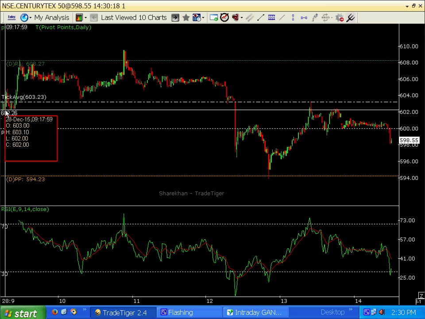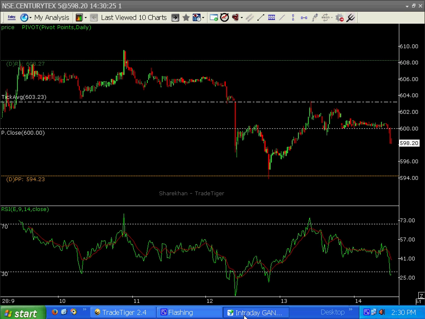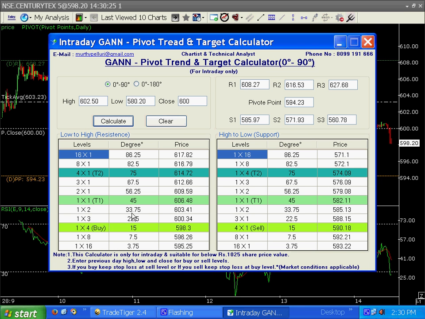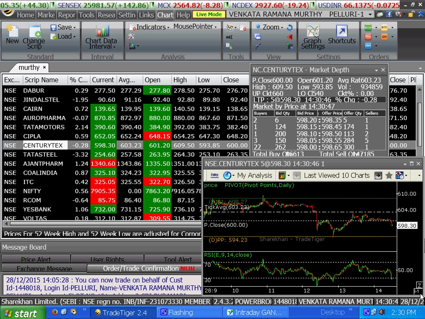We could get this 603, which means it has already reached 33.75 degrees, and then we should wait for the 606 target, and the second target from there is 609 or 59. Here the pivot point level is 608.27. We will see how far it has reached: 609.50. From 603 it has moved up to 609.50.